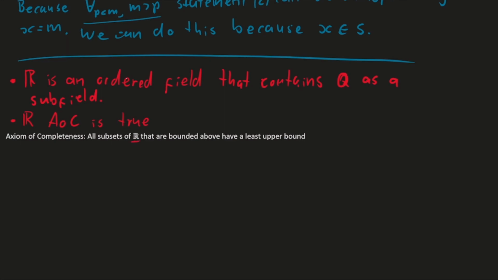And that's fair enough, given that the axiom of completeness says all subsets of R that are bounded above have a least upper bound. So by bounded above, what we mean is that it's not a subset that just continues on to infinity. It makes kind of sense. And any subset that is finite in its maximum elements has a least upper bound.